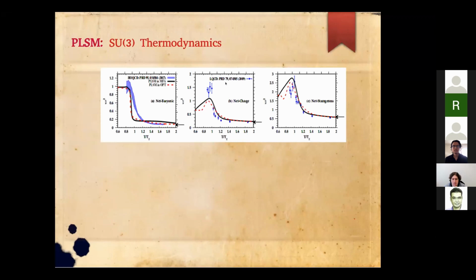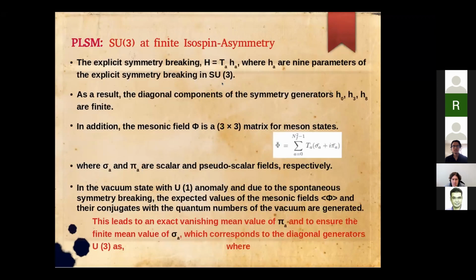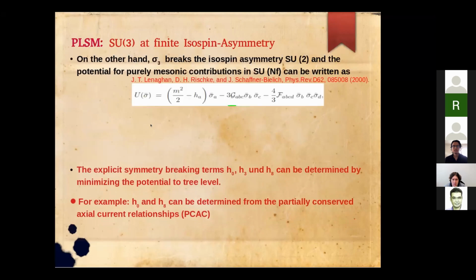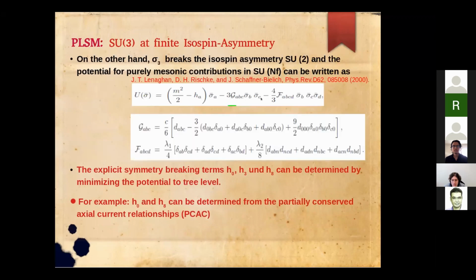Sorry, I'm going back. Here, just to write the U of sigmas like this, and the different parameters here are expressed in this straightforward way.